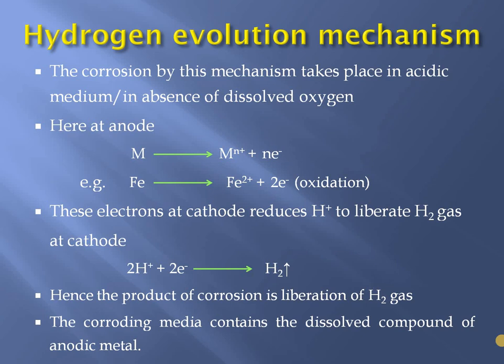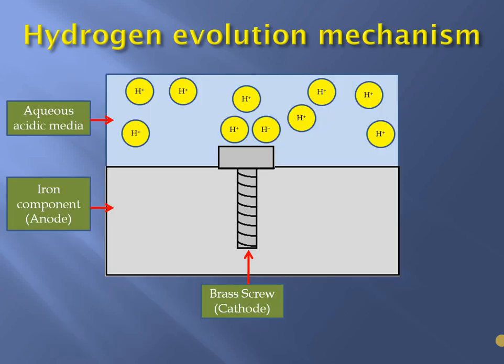Further we will discuss this hydrogen evolution mechanism by a diagram. Suppose there is an iron plate, and in this iron plate there is a brass screw, and this iron plate is covered by aqueous acidic media.